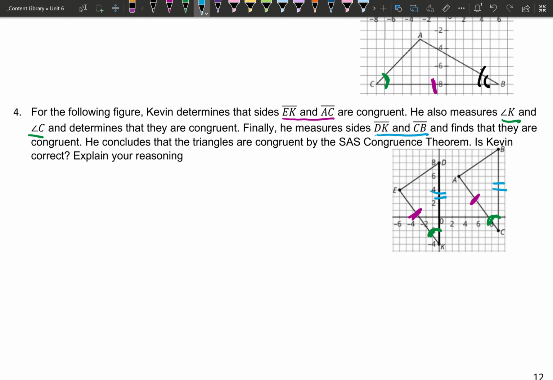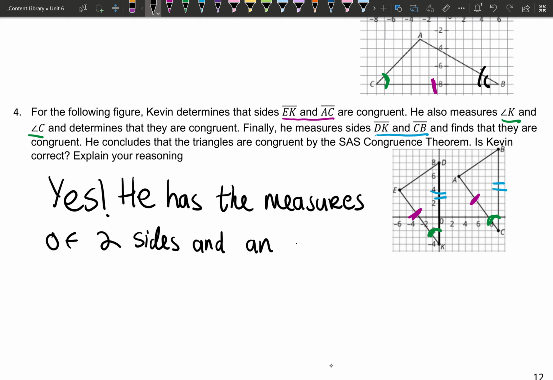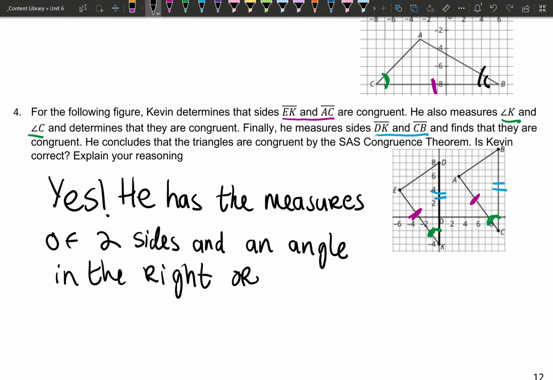Is he correct? Yes, he is correct because he has everything that is needed. He has the measures of two sides and an angle in the right order for SAS.